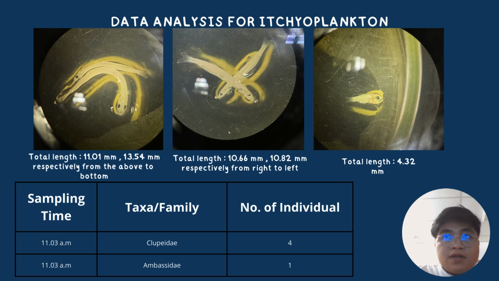The second picture, the middle one here, we can see 10.66 millimeters and 10.82 millimeters respectively from right to left. And then the right picture, which is the total length for the Engraulidae family, is 4.32 millimeters.